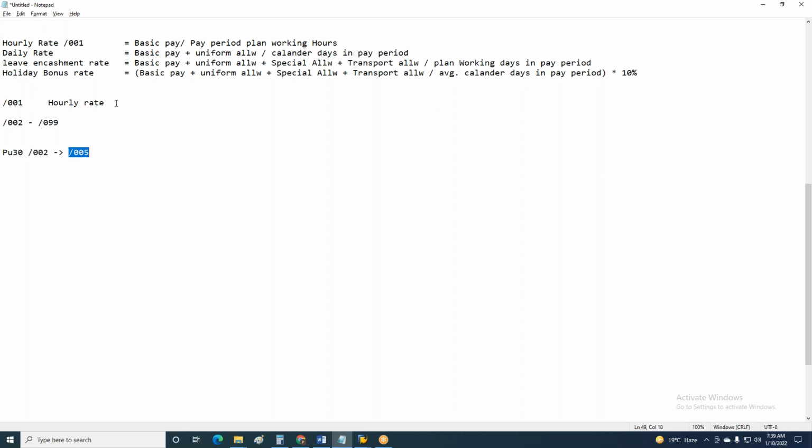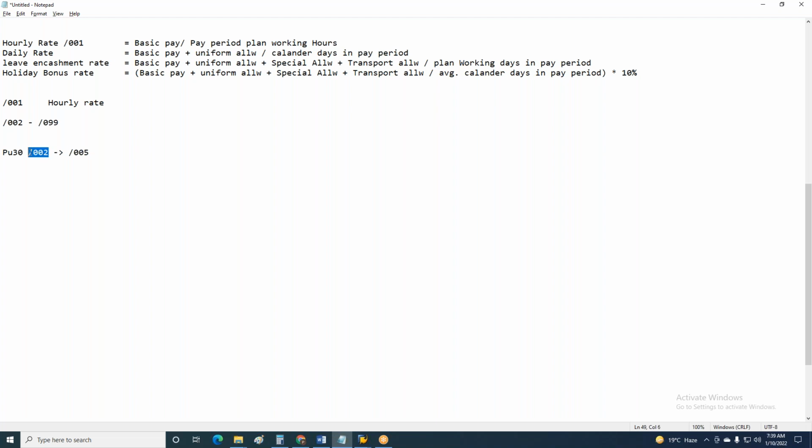In the country that you are working in, as standard, only /001, /002, /003 may be available, but you can create other valuation basis wage types also by copying from the existing technical wage types. Don't copy from any other model wage type.